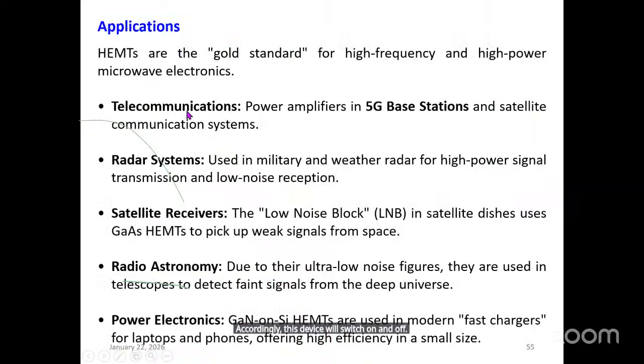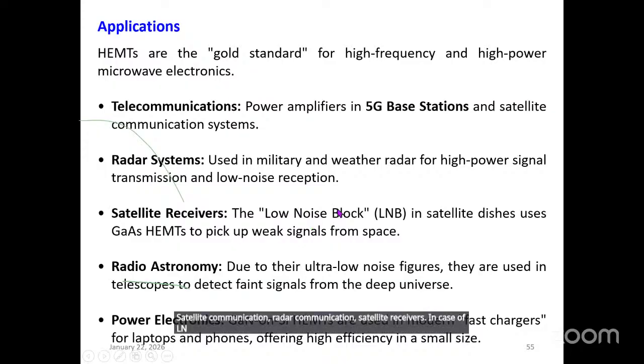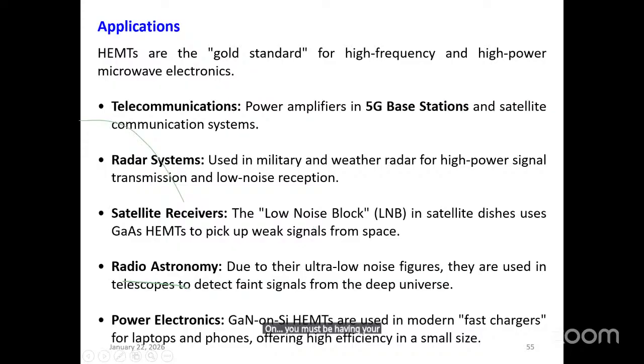Its applications are in telecommunications, in base stations, satellite communication, radar communication, and satellite receivers. In the case of LNBs, the low noise block, you must have a cable TV parabolic reflector antenna on your apartment's terrace. Just in front of the parabolic reflector, there is the LNB, the low noise block.